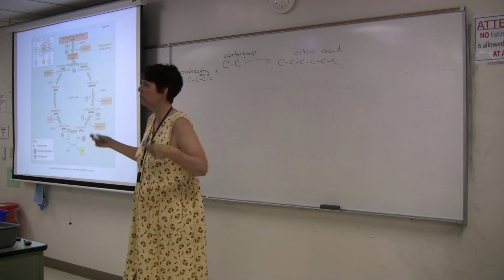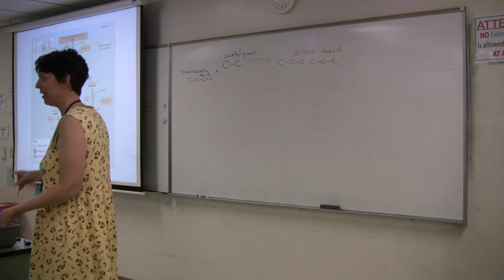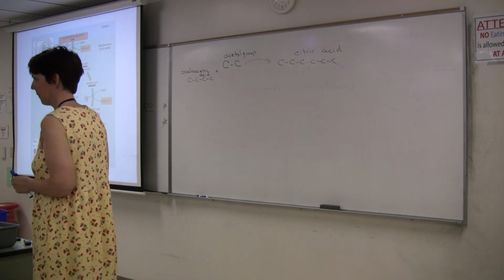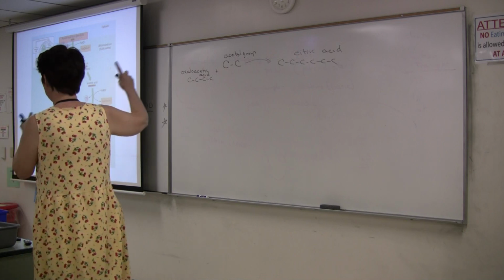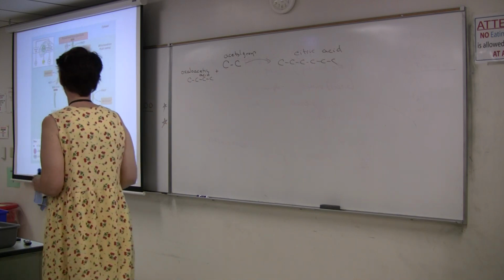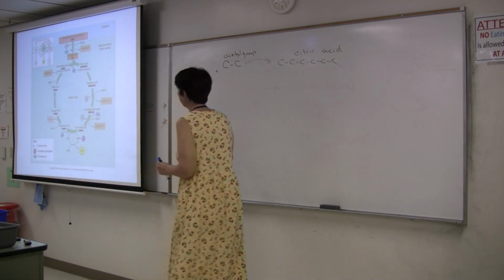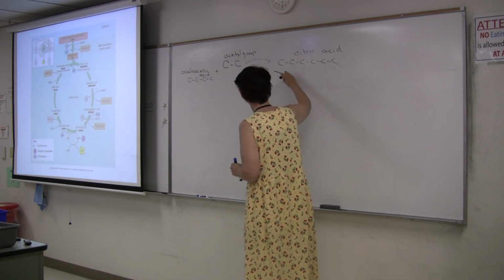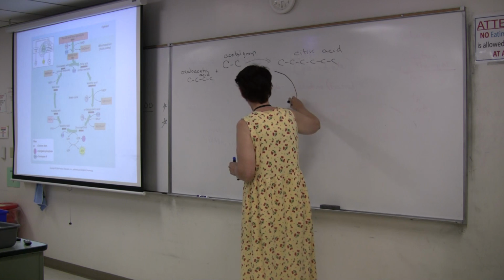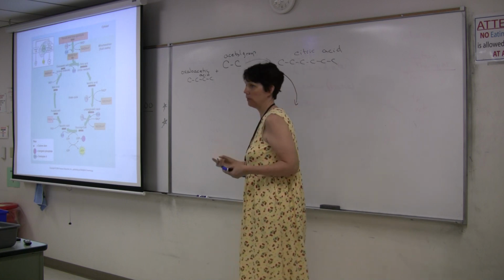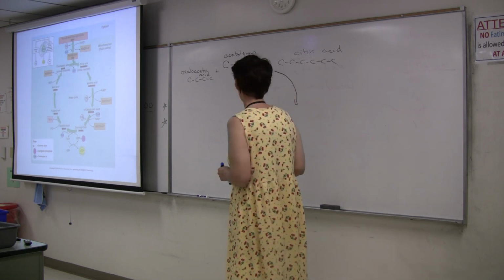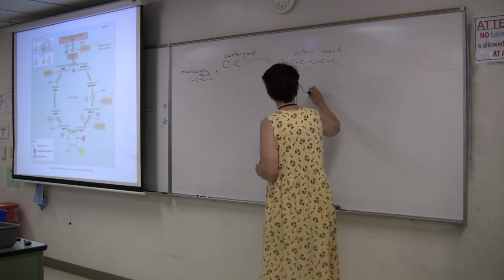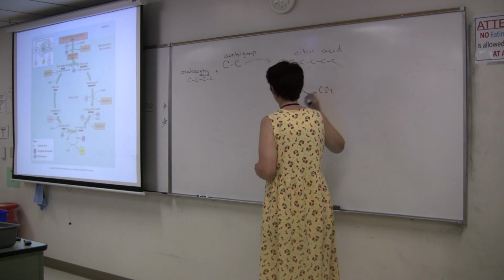Well, I thought we were trying to break down our 6-carbon molecules, and here we are with another one. Right? But this allows us to enter into the sequence of actions, and what I'm going to draw on the board is what happens. So the citric acid is modified to form isocitric acid, and then we start to actually remove components from it. So carbon dioxide is formed.